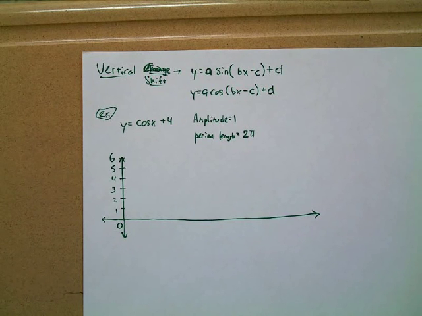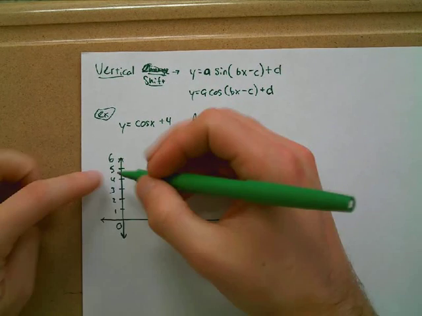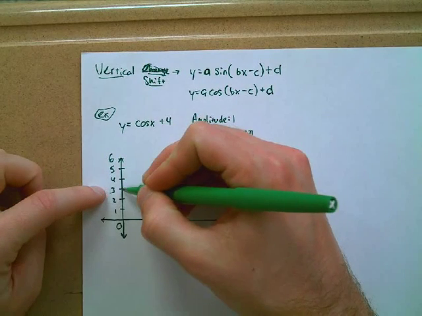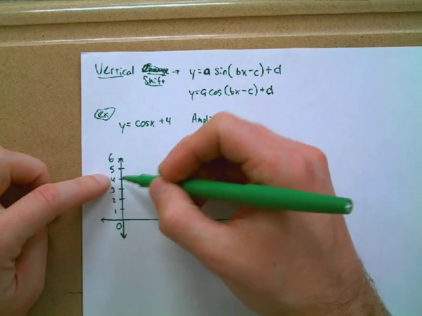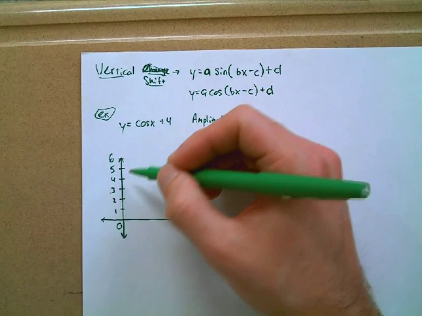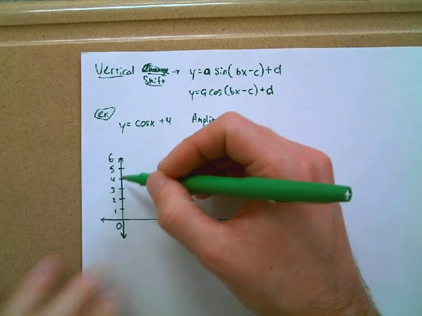Yes, it's shifting up 4, but because the cosine goes up 1 and down 1 from that center, we need to go up 1 from 4 to 5 and down 1 to 3. So again, if your amplitude changes, for example, if your amplitude is 2 or 3, you've got to account for that. If our amplitude was 2 here, then I would need to go up to 6, and I'd be going down to 2.